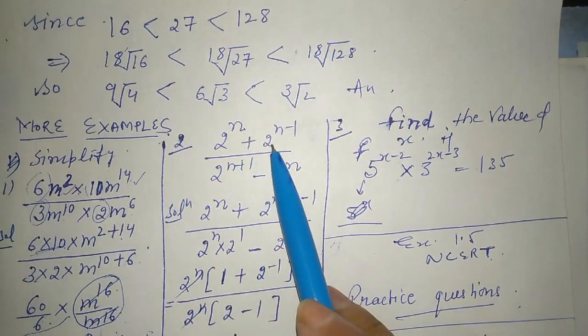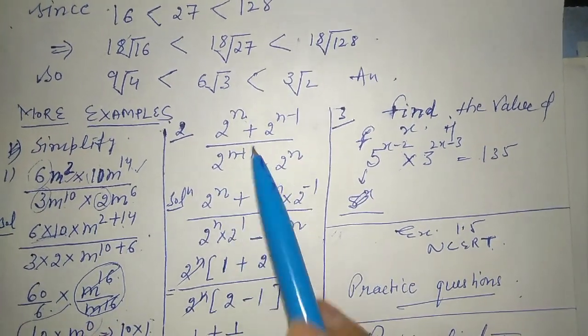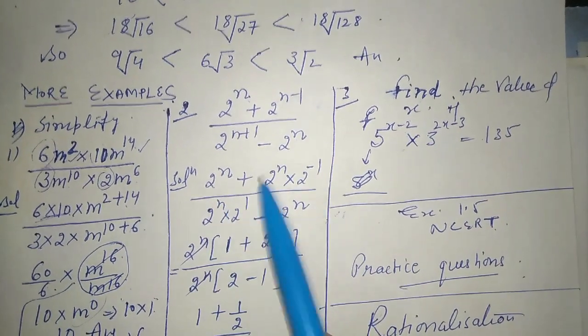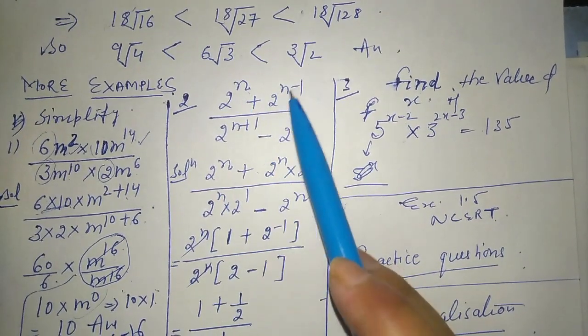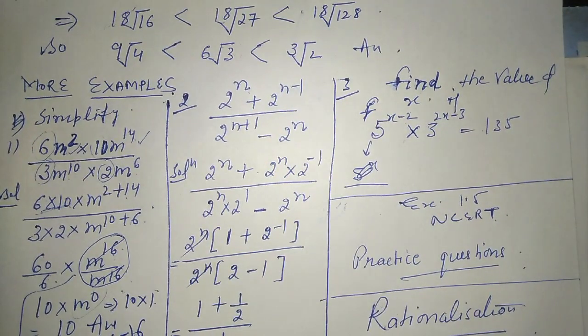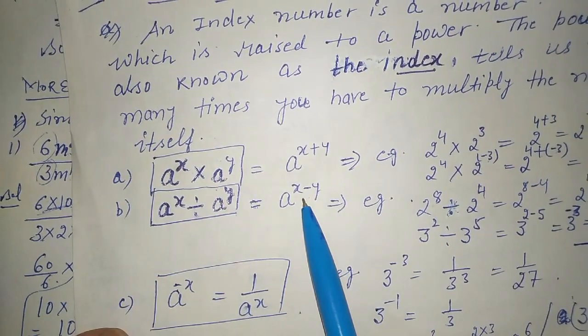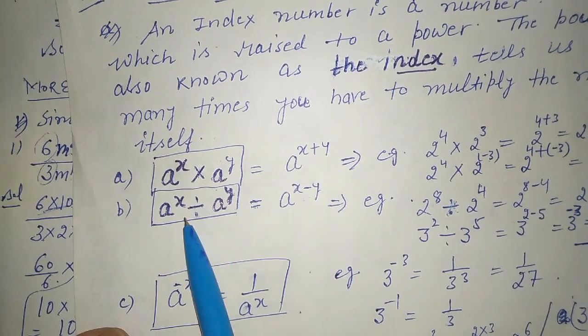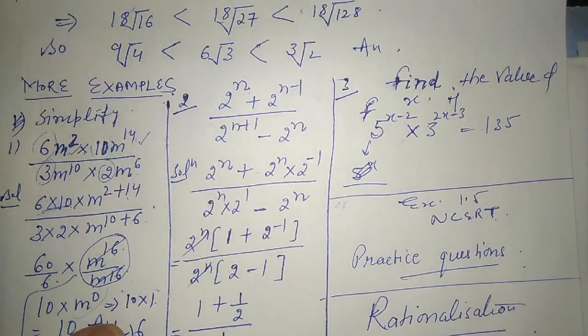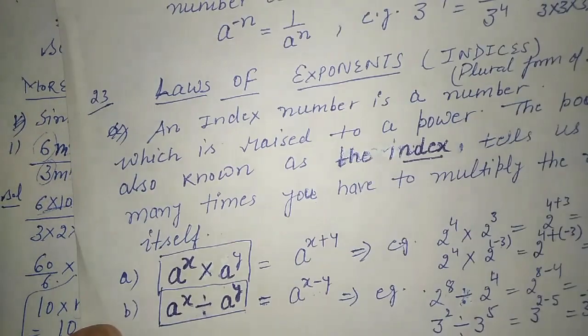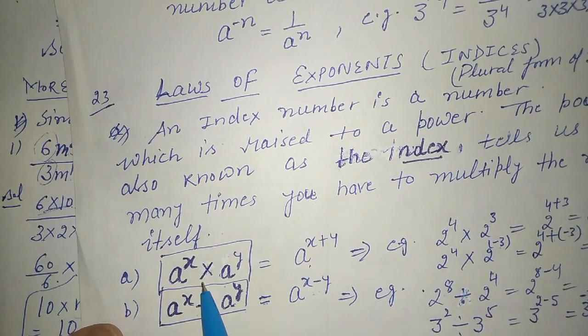Another example: 2 to the power n plus 2 to the power n minus 1, over 2 to the power n plus 1 minus 2 to the power n. I told you in the previous one that we can write the power plus 1 like this.